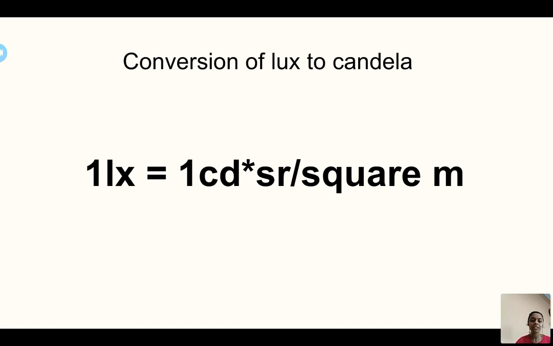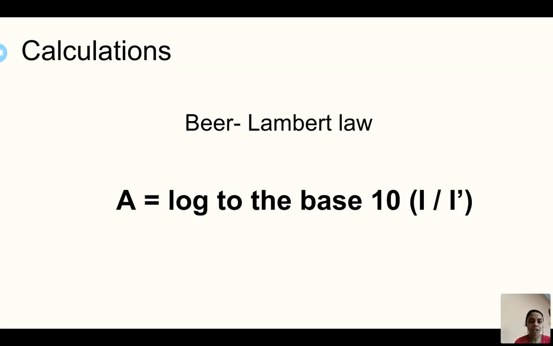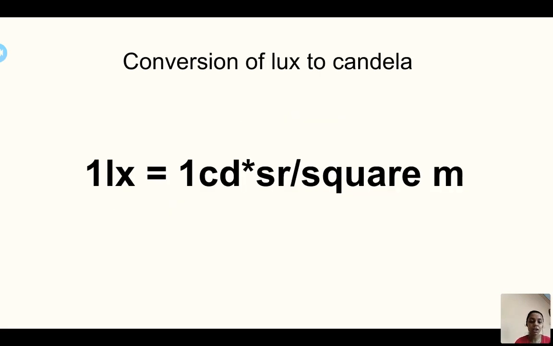So what is steradian? Steradian is nothing but a solid angle, which is constant here, and square meter is nothing but the area of the light source, which is also constant here. So can we say that on dividing these two intensities, the steradian and the square meter will get cancelled. So we shall easily put the value of 1 lux as 1 candela.